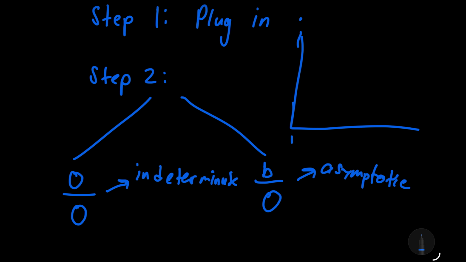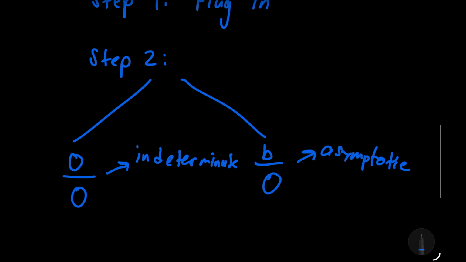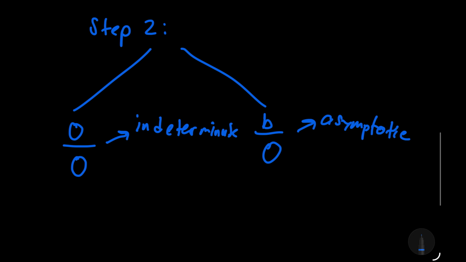Asymptote basically means that a function approaches a certain number as it approaches infinity, right? So if I have a vertical asymptote, as my function approaches the x value of 0, for example here, it approaches infinity. So that is an asymptote, and we can get into ways of solving and getting around that as well.